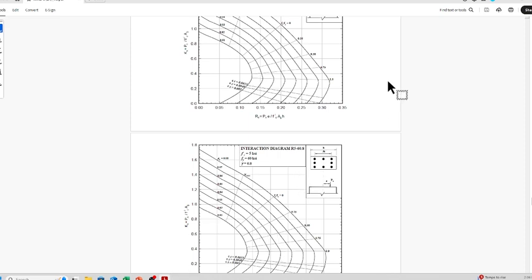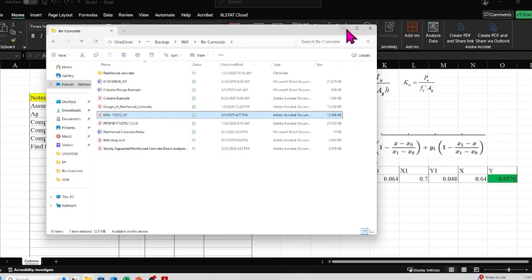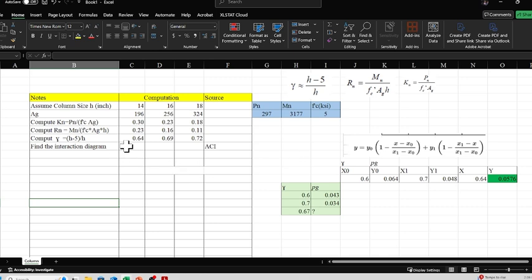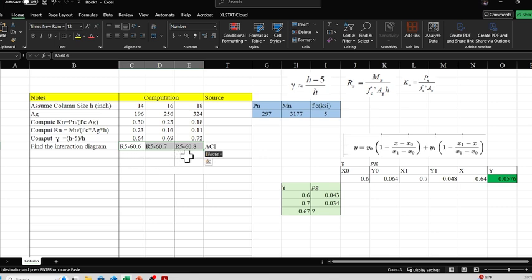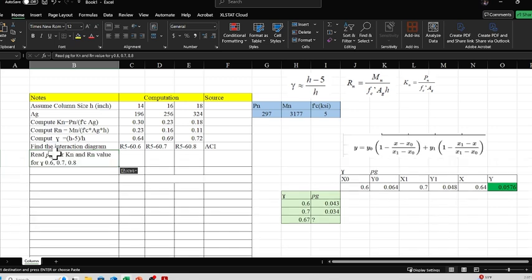So I'm going to go back to my Excel right now, and I'm going to write down the sources right here. I copied it. So it's R560.6, R560.7, and R560.8. Once we have the diagram, the next thing we calculate is reading the rho for the Kn and Rn values we have for gamma 0.6 and 0.7.